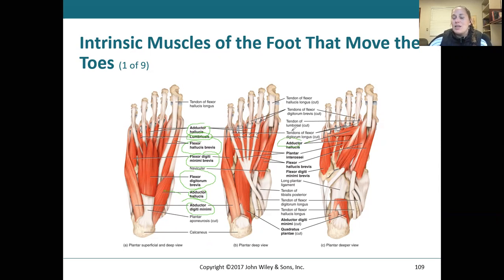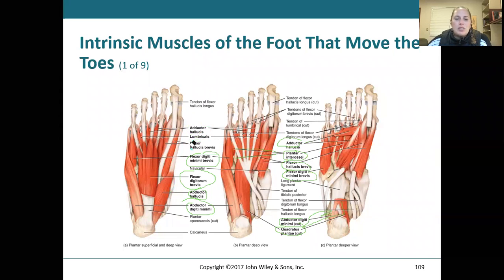Again, you're recognizing these muscles from different angles. Plantar interossei, so you can see how those muscles are located in a slightly different area. And here's your abductor digiti minimi, located here. You can see it's cut away, as well as the quadratus plantae, which is also cut away.